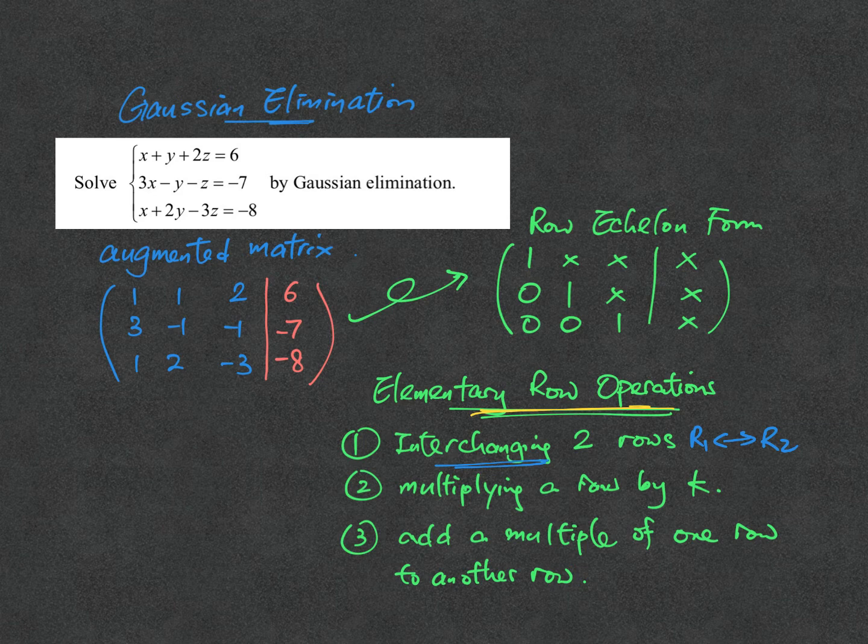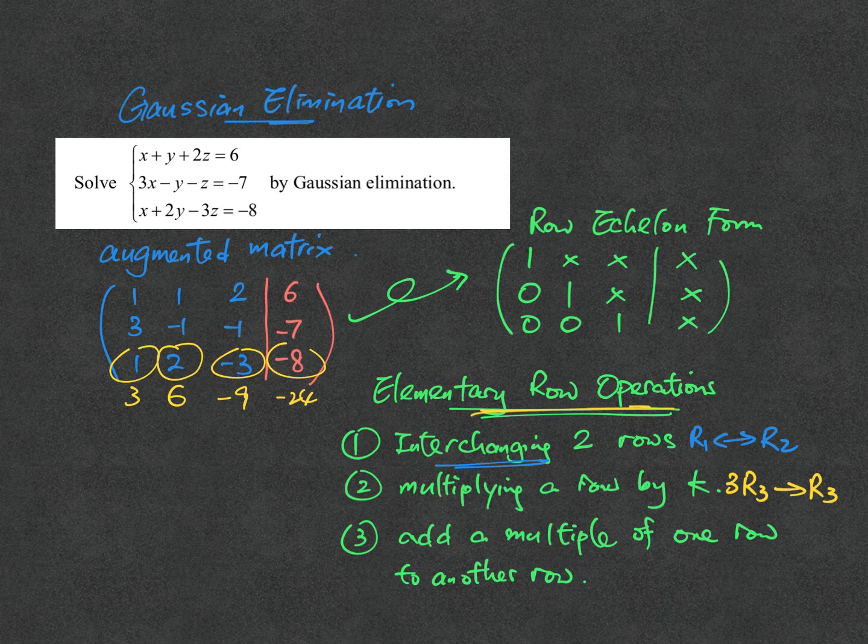Next, we can consider multiplying a row by a k. For example, we can consider 3 times row 3 and then put it back to row 3. That means each number in row 3 will be multiplied by 3, and you change it into 3, 6, minus 9, and minus 24 respectively, if it's necessary.